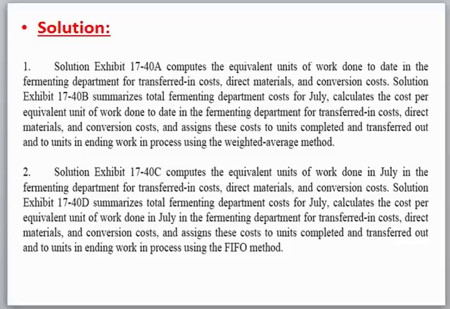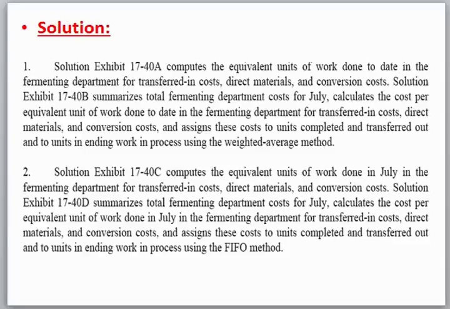Solution step 2, summarize total fermenting department costs for July and calculate the cost per equivalent unit of work done to date in the fermenting department for transferred in costs, direct material and conversion cost, and assign these costs to units completed and transferred out and to units in ending work in process using the weighted average method.